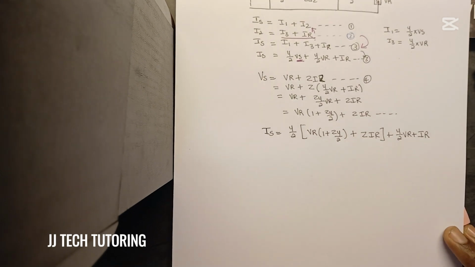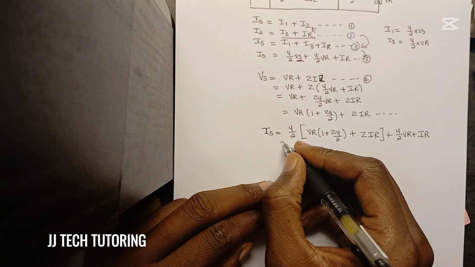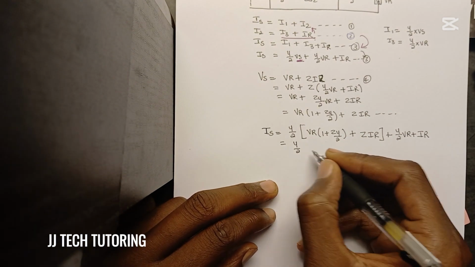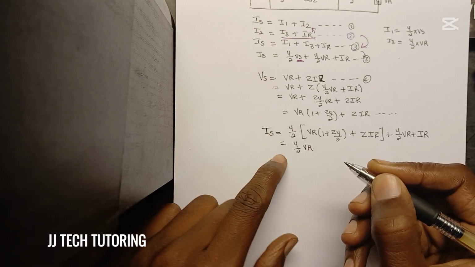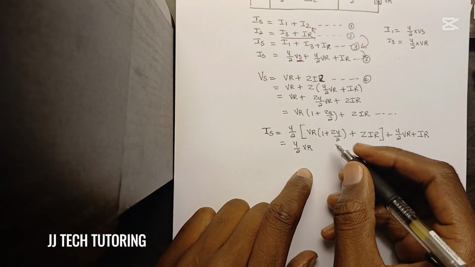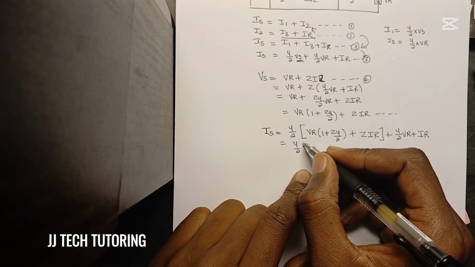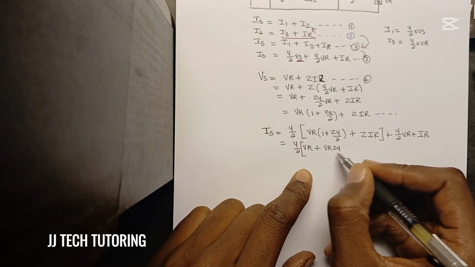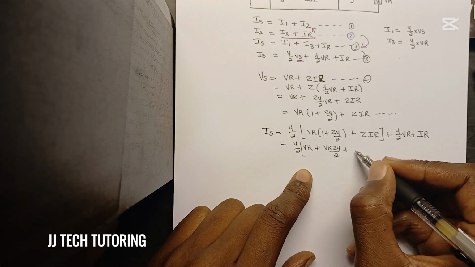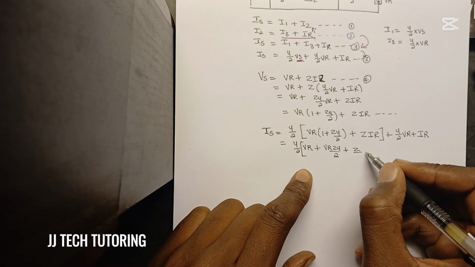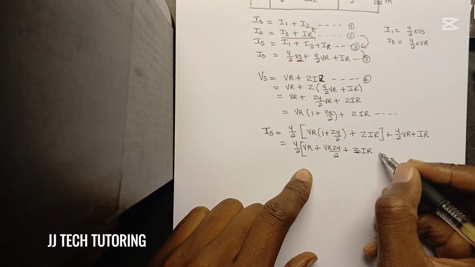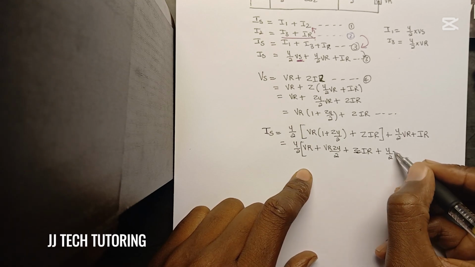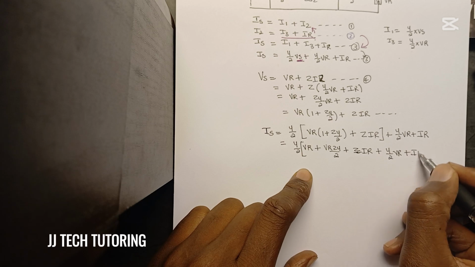We have to be very much careful here. So Y over 2 VR. First and foremost, let us just simplify this. Plus VR ZY over 2 plus ZIR plus Y over 2 VR plus IR.